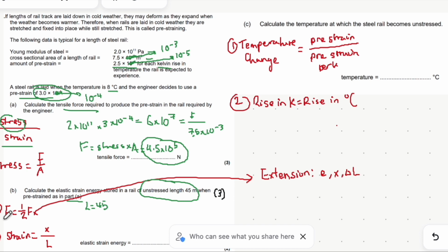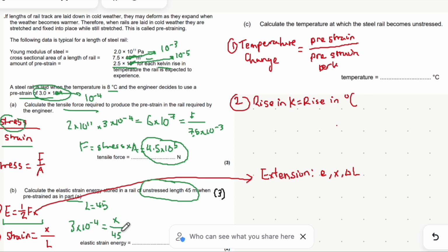So we could have just used the fact that energy, so here capital E stands for energy, is a half times the force. Because it says it's like in part A, we can use this force here, multiplied by the extension, but we don't know how much it extends. That's why we have to use the strain equation. We take the value of strain from before, 3 times 10 to the minus 4, and we make it equal to the extension divided by this unstretched length that it mentions.